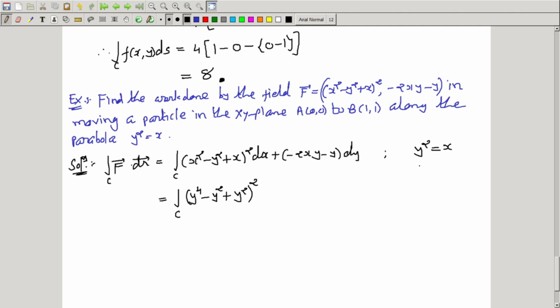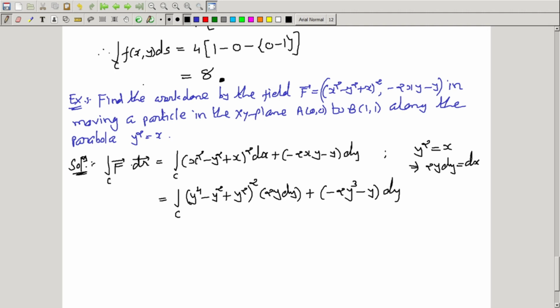What is dx? Can I write it is 2y dy? So it is 2y dy, right? Plus, in place of x I am writing y square. So this is minus 2y square into y is y cube minus y dy.